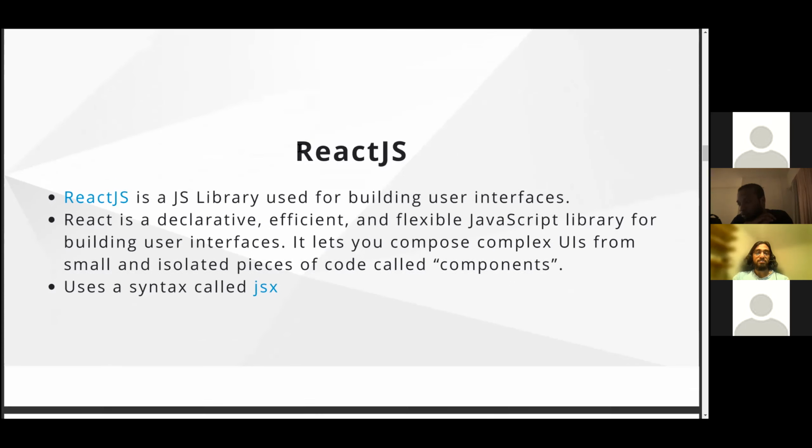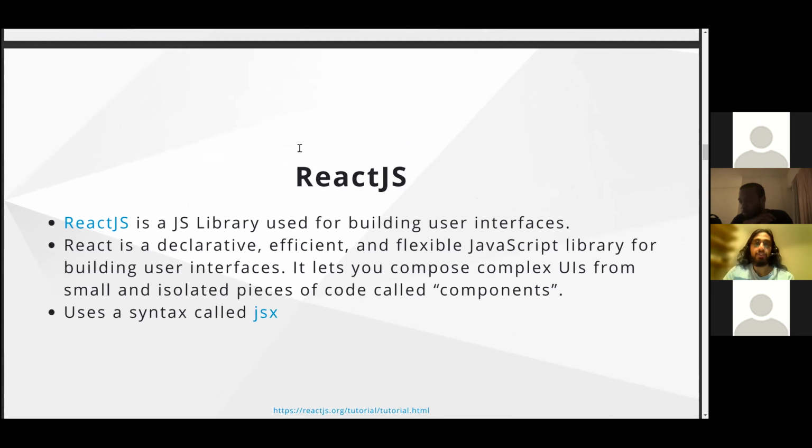Finally, the last bit of technology, library or framework, technically it's a library, but some people call it a framework, is React.js. It's a JavaScript library that's used for building user interfaces. It was created by Facebook to make building user interfaces much quicker, easier, and more consistent.